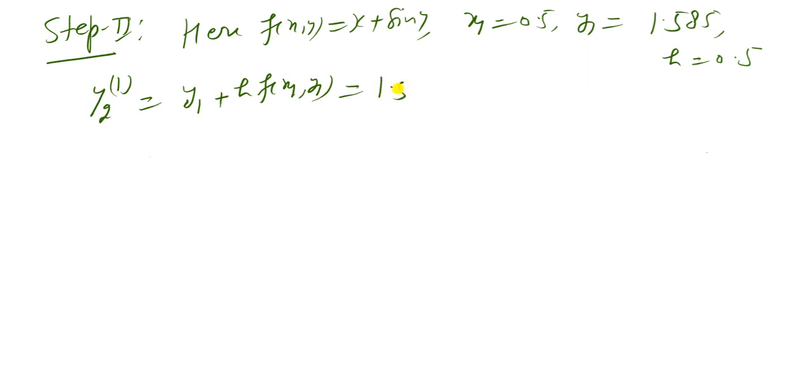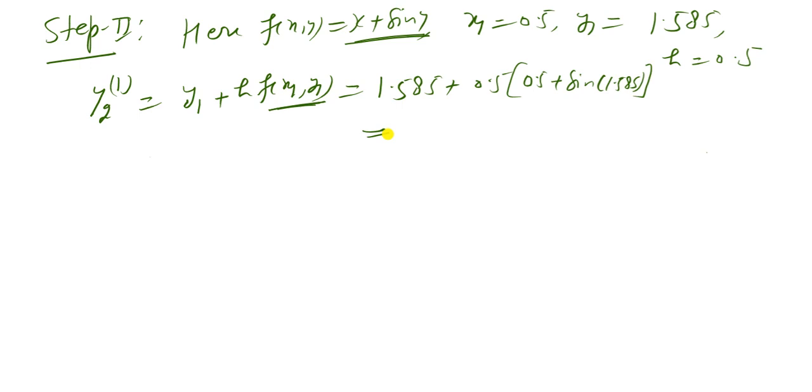y1 is 1.585, h is 0.5. f of x1 y1 means f of xy is x plus sin y. So this is x1 is 0.5 plus sin y1 means sin of 1.585 and simplify this with the help of the calculator.